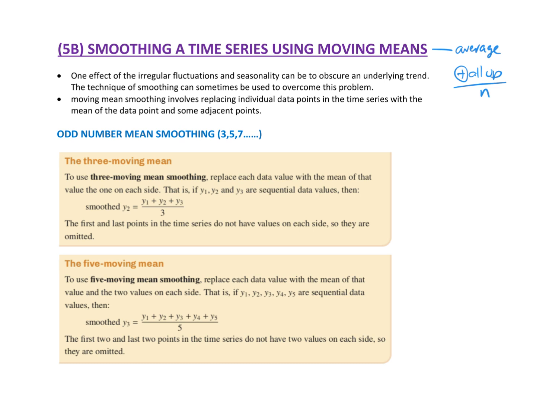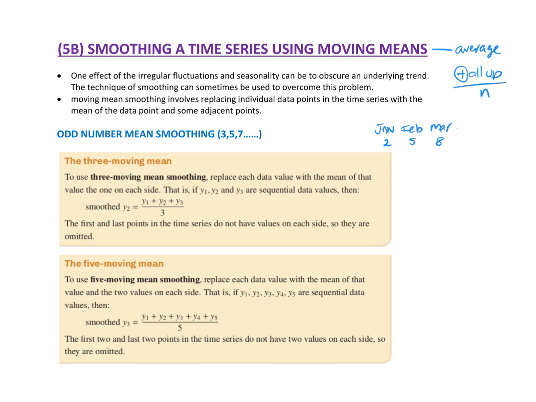With a 3 mean smoothing, what you do is take the first three pieces of data, your 3 entries, add them together and divide by 3, and that becomes your first smoothed value. For example, say you had January, February, and March, and the three numbers were jumper sales of 2, 5, and 8.